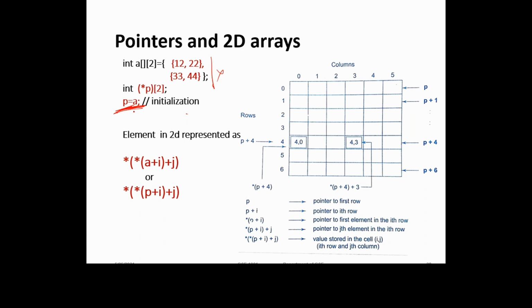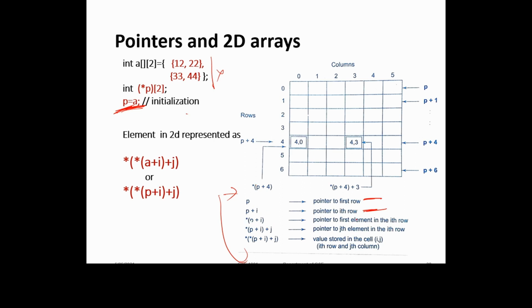P equal A means after this operation, P will contain the address of the first row. This is the nomenclature: P, pointer to first row. Now P plus I, pointer to ith row, means we are just increasing it: P plus 1, P plus 2, P plus I, ith row.